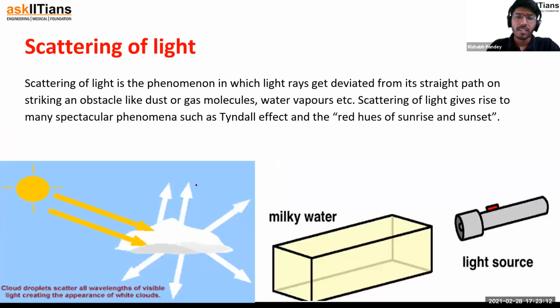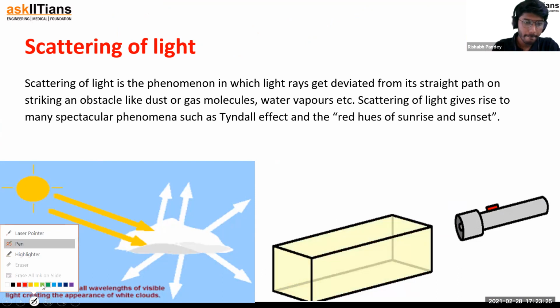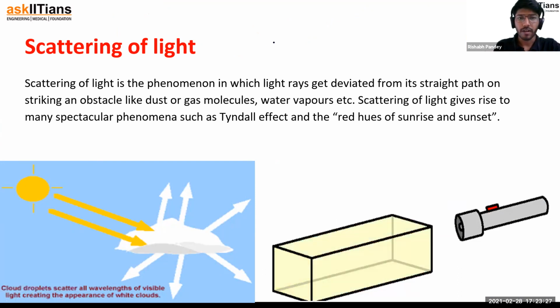Sure. The next phenomenon is the scattering of light. To make you understand the phenomenon of scattering of light, let me explain by giving you an example. Let's say I have a container like this, and I have another container like this, and it's completely a dark room.